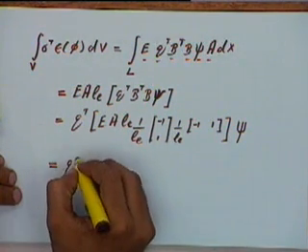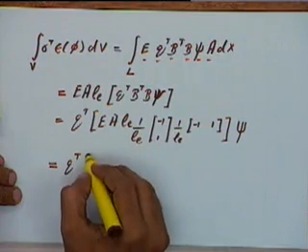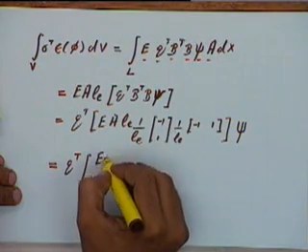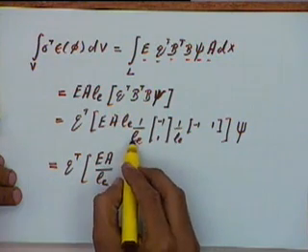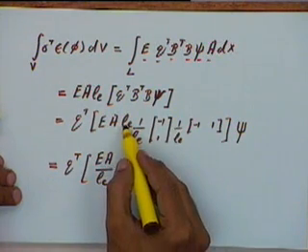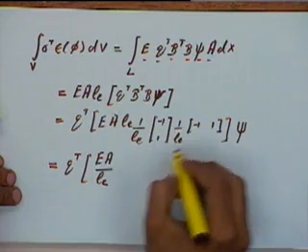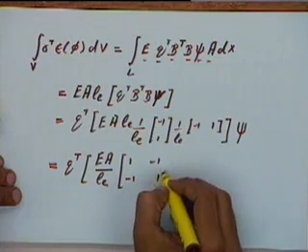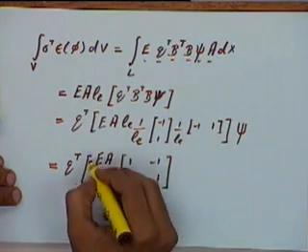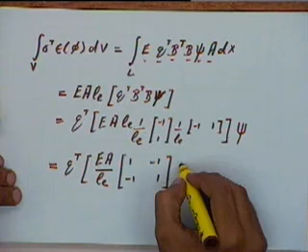This will be equal to Q transpose into E A over LE. I have LE squared in the denominator and LE in the numerator, and the product of these two matrices will give me 1 minus 1 minus 1 1. So this thing will be again multiplied by psi.